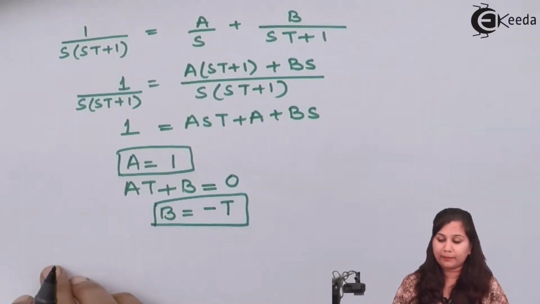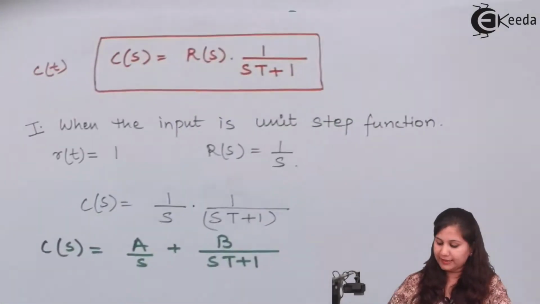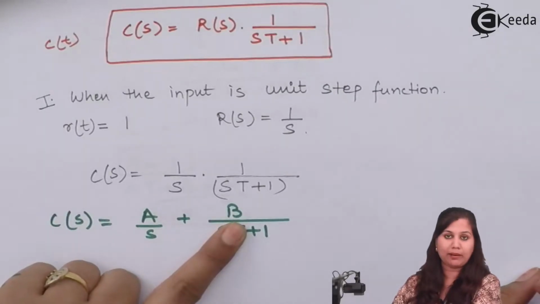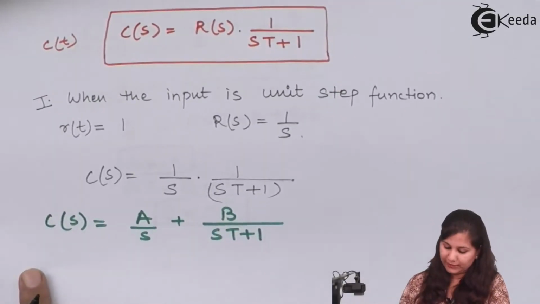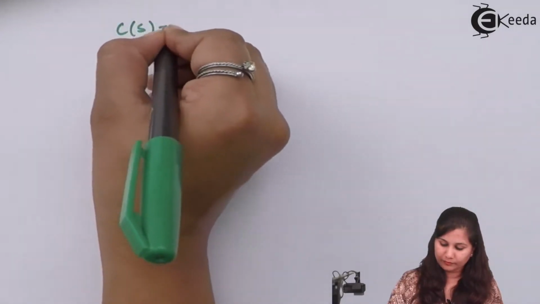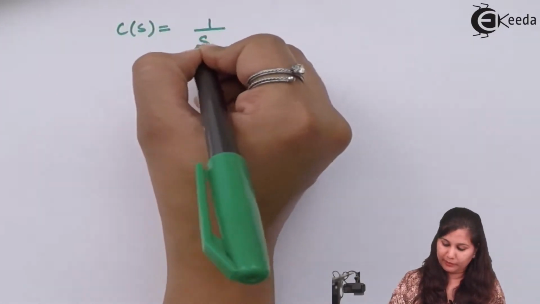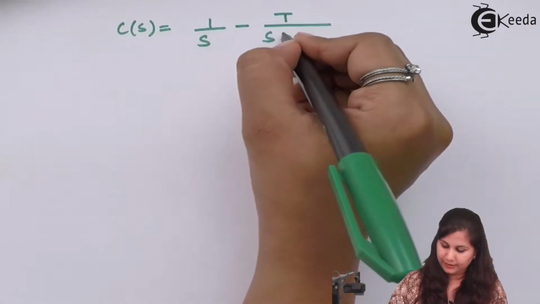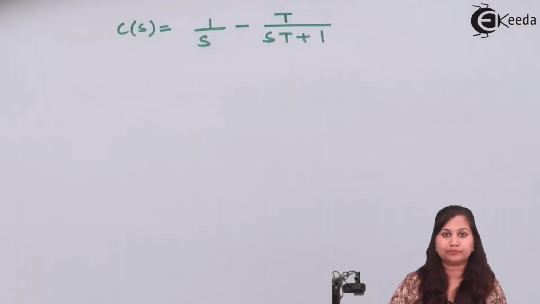So we can get the partial fractions of this C(s). Just put the value of A as 1 and B as minus T here. So C(s) will be equal to, A is 1, so 1 by s minus T upon sT plus 1.